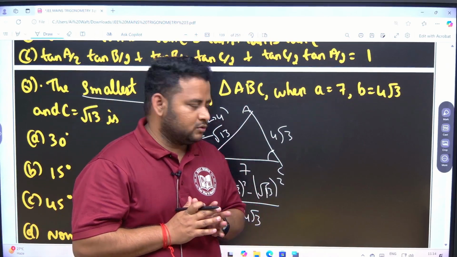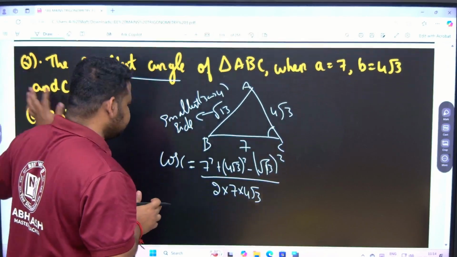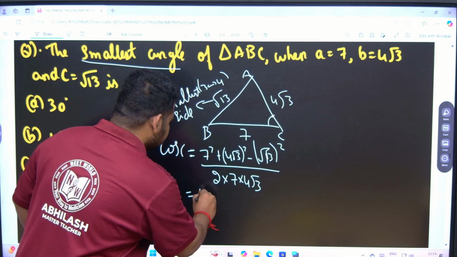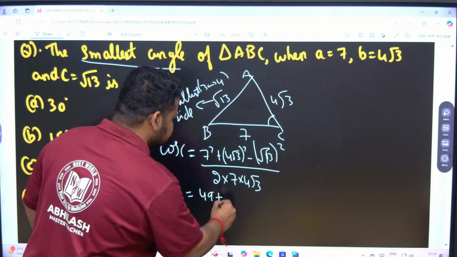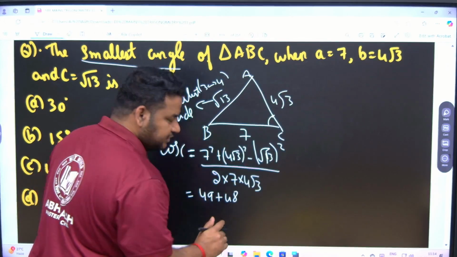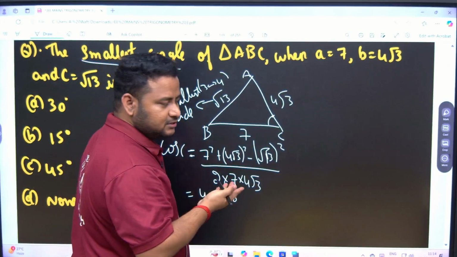Okay, now we will solve this. 7 square is 49, 4 square is 16, 16 3s are 48, because root 3 into root 3 is just 3.